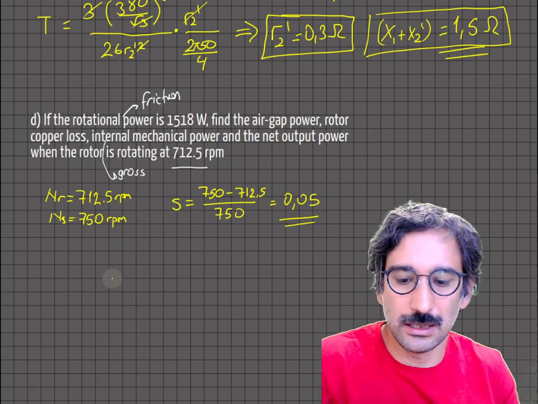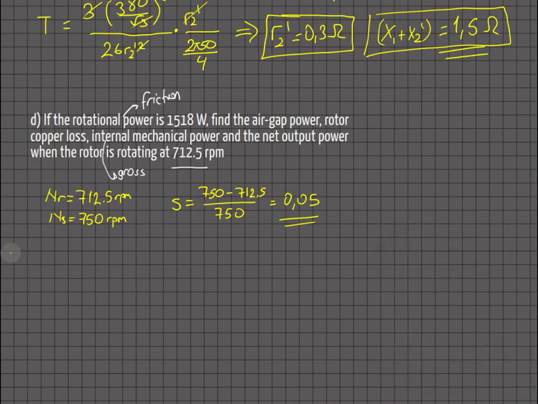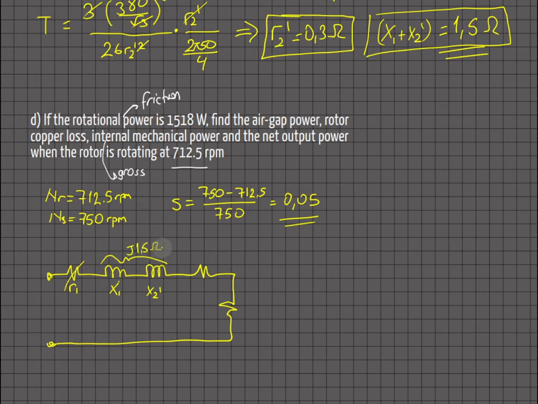So let's try to calculate the power and torque. So let me draw again the equivalent circuit. So let me draw it fully. Normally we have the stator resistance, but this one is again neglected. R1, that one is neglected. So we have X1, X2 prime, and we calculated these two in the previous part as J 1.5 ohms.